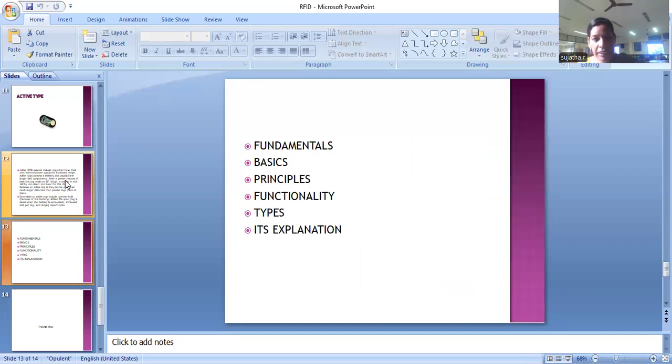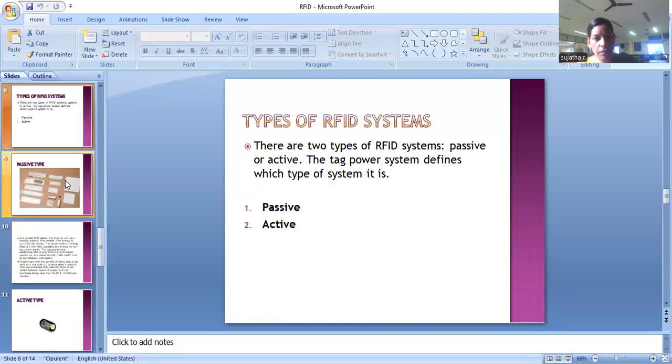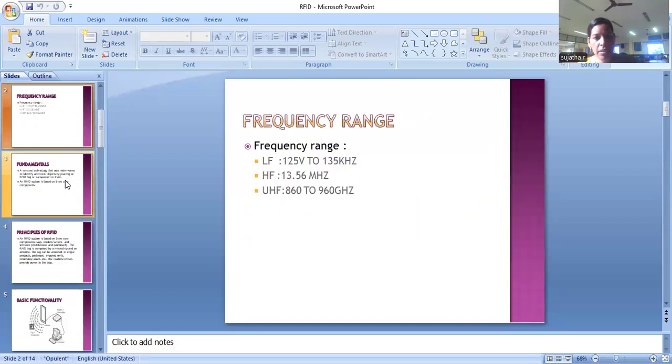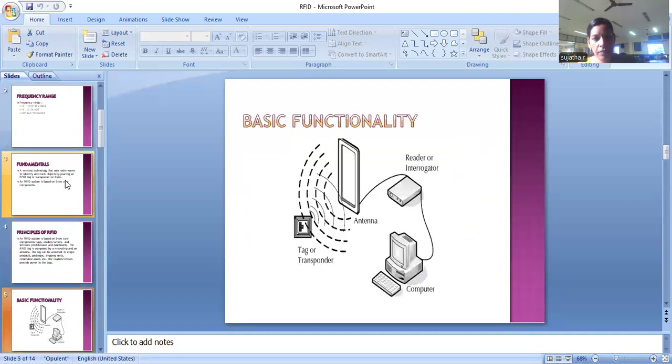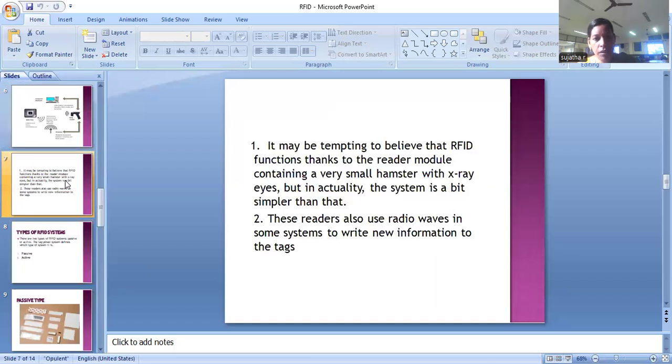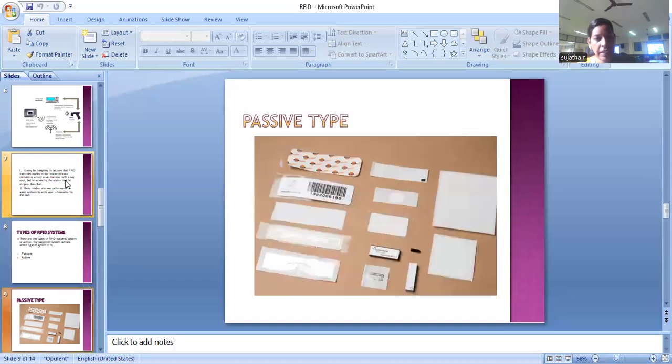So in this session, we discussed RFID principles, fundamentals, and the basic frequency ranges of RFID. This is a simple function of RFID. See what components are involved in RFID. These are the different types of passive RFID tags.